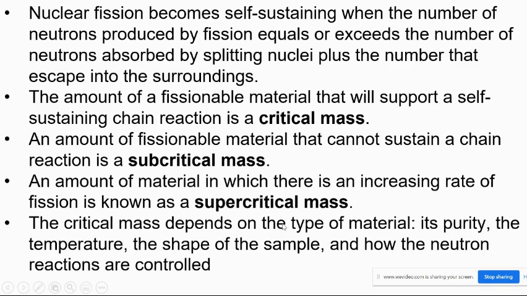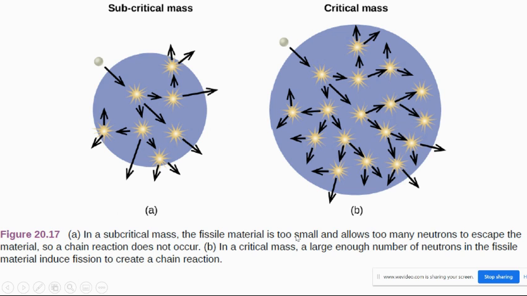The critical mass also depends on the type of material, how pure it is, what the temperature is, the shape of that sample, and then how the neutron reactions are controlled. So, for example, if we have a subcritical mass, there might not be enough material for those neutrons to find something to hit, as opposed to here, where there would be enough material for it to find things.